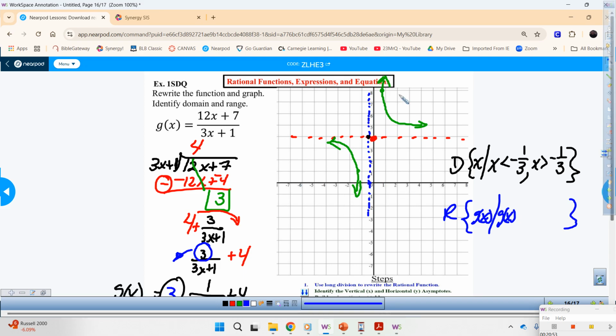For this piece, from where up? G of x is greater than what? Than 4. That is correct. Or G of x is less than 4.